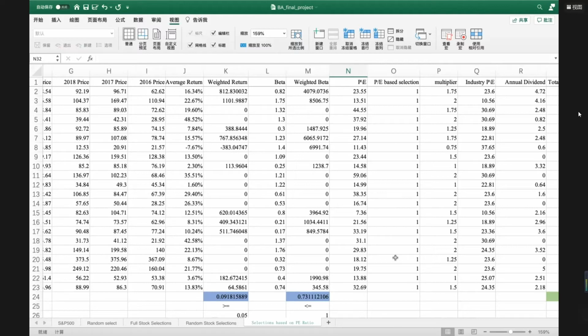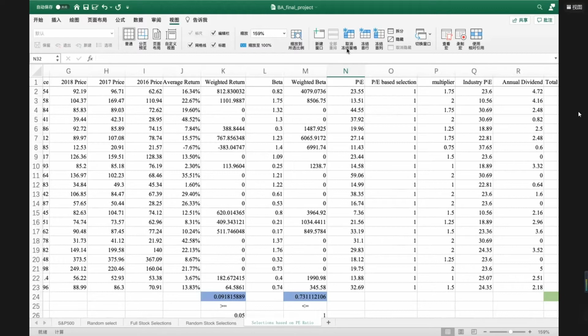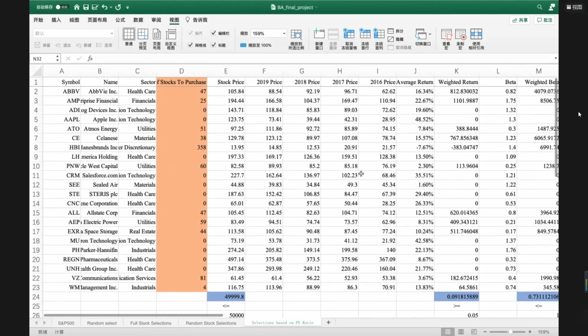But we also noticed that in real-world practice, a high P/E ratio of a stock usually means the investors are willing to pay a higher price for the stock, since they believe in its growth potential. To adjust the comparison between individual P/E and industry average P/E, we added the multiplier, and we will explain it in detail later.